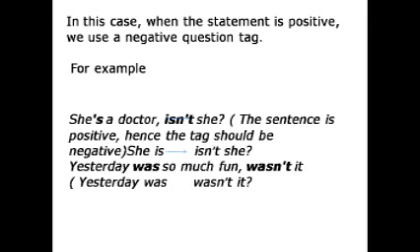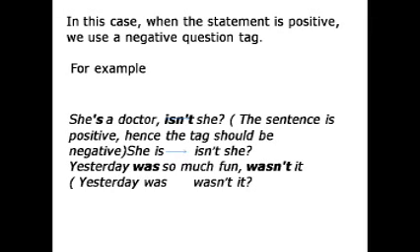It's a positive sentence, and therefore the tag should be negative. Isn't she? She is a doctor, so the tag will be in the negative form. Isn't she? Yesterday was so much fun, wasn't it? Yesterday was so much fun.